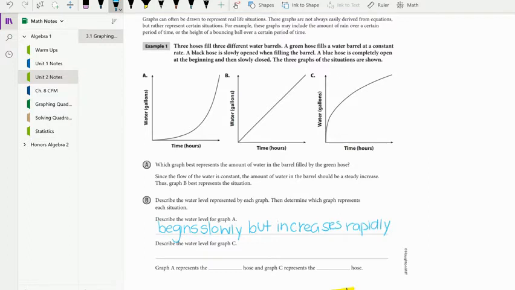All right, and then describe the water level for part C. It increases rapidly in the beginning because it's going up, and then it slows down. All right, so graph A would represent, let's see, it says we have a blue hose is completely open at the beginning and then slows down, so this would have to be blue. And then for the other one, this would have to be the black one, which is slowly opened and then fills up the water barrel.